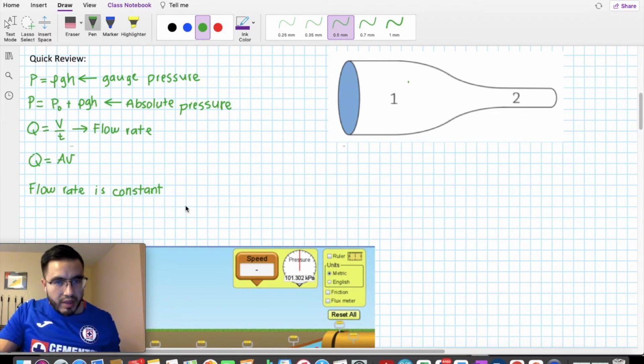Now, let's say we have this situation, right? We have cross-sectional area 1, cross-sectional area 2.